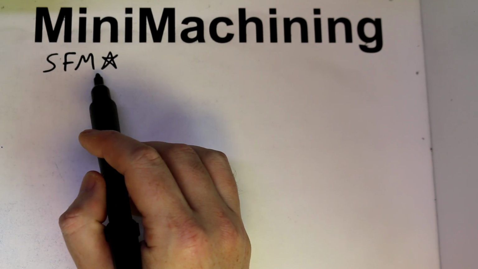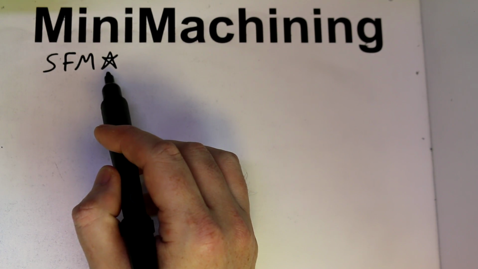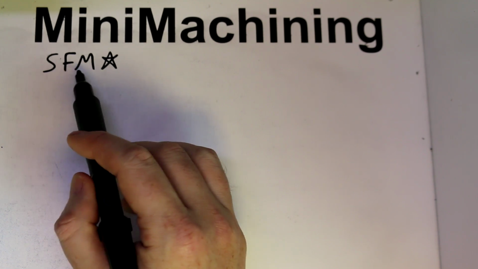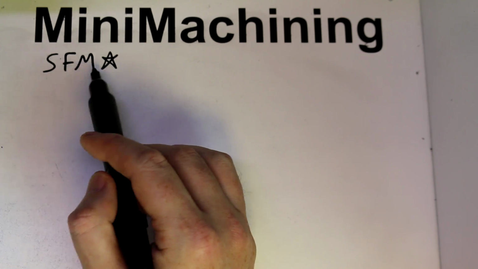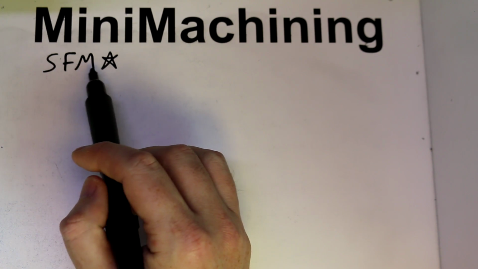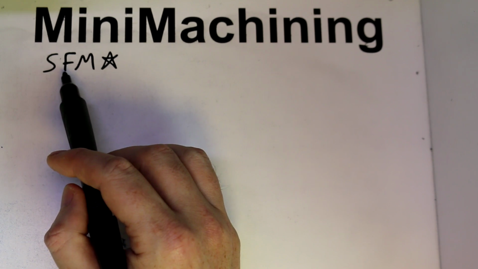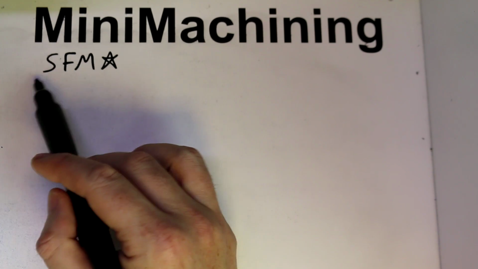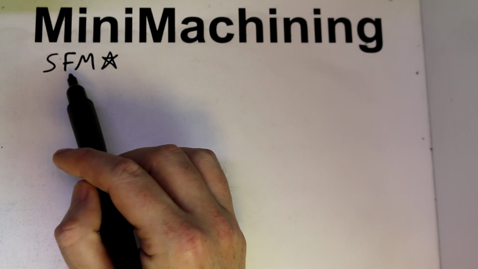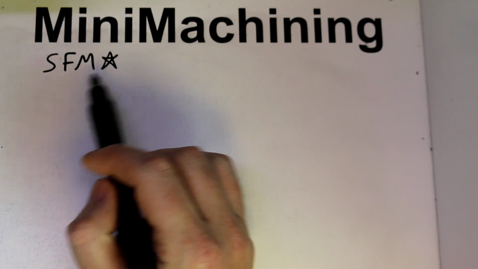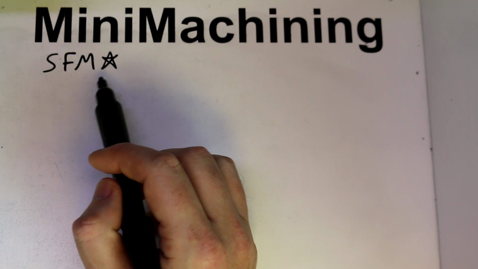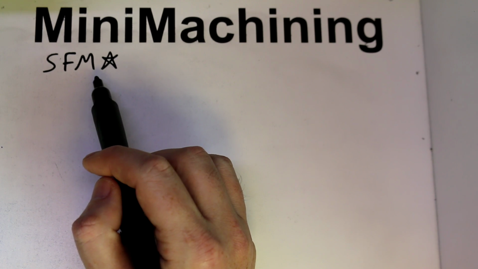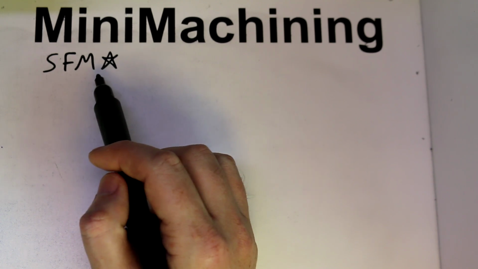Surface feet per minute is one thing that you'll see quite frequently. If you're in the metric system, you'll usually see this as surface meters per minute or just meters per minute. Depending on how old the books are, some will just read this as feet per minute, and they will leave the S off. So there are various terms, and this is one of the problems with speeds and feeds: these terms aren't always hard set and universally used.